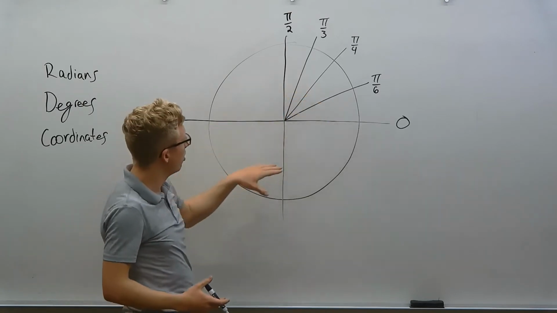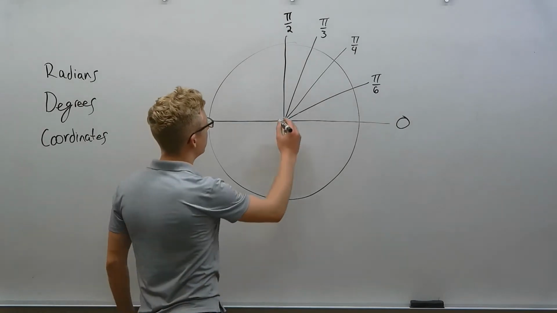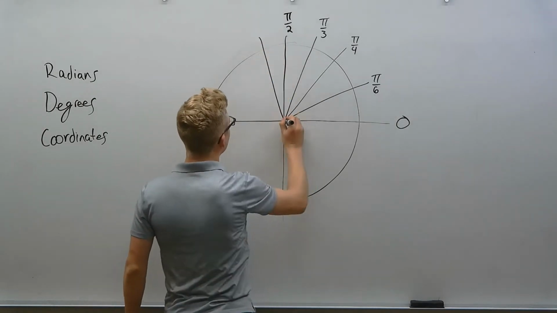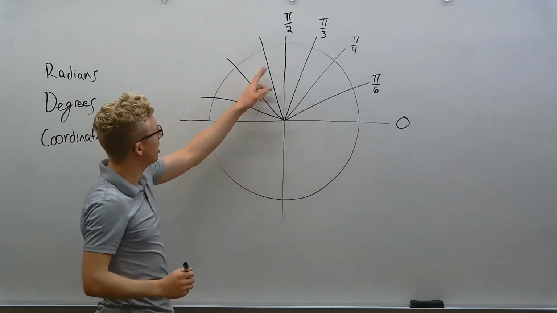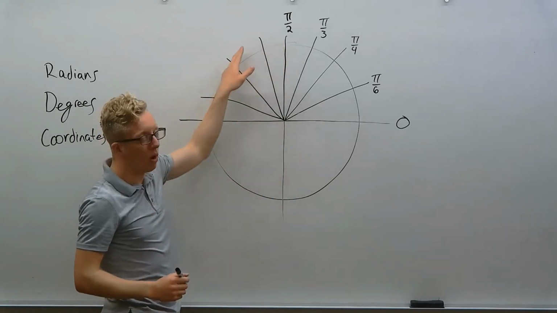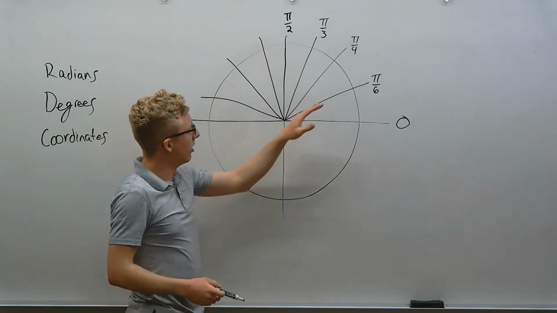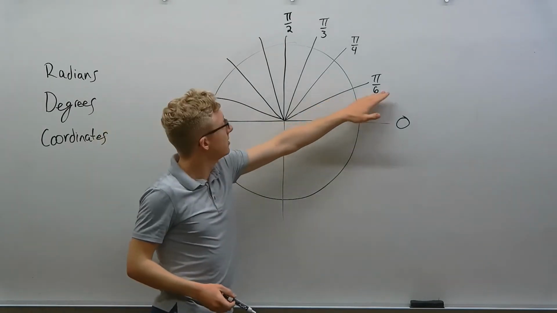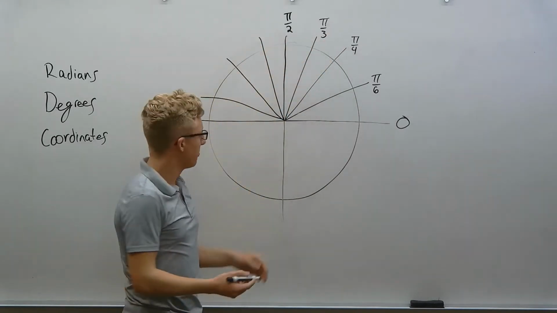So let's go through the rest of the unit circle and quickly calculate the radians. For the second quadrant, we're simply going to add 1 more pi sixths. One way you can think about this is by starting here and going 1 pi sixth, 2 pi sixths, 3 pi sixths, and 4 pi sixths.